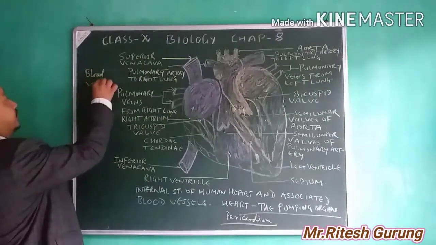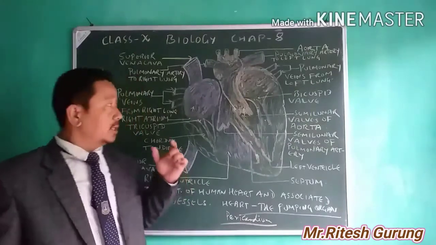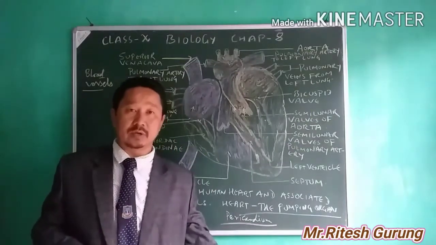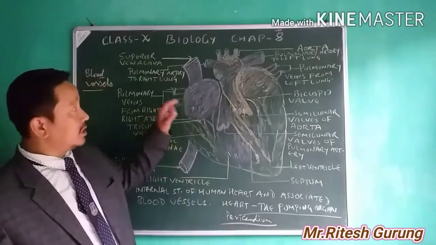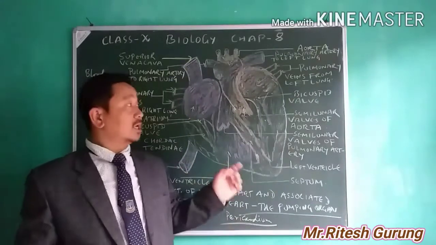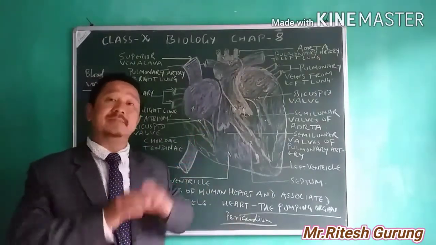Blood vessels leaving the heart and entering the heart. This is how it is given in the book. Which are the blood vessels going into the heart, and which are the blood vessels leaving the heart.